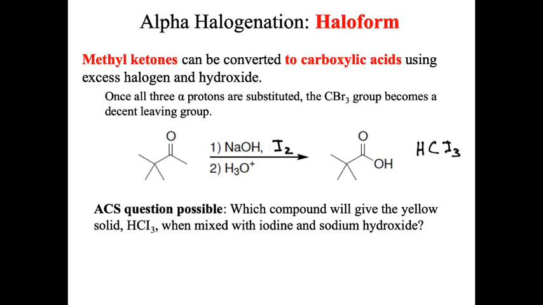For this reaction to work, I had to have that carbon with 3 halogens connected to it. How did I get the halogens on there? What did they replace? Hydrogens, which means I had to have a methyl next to a ketone to allow that to happen. So if we looked at the structures, usually you see something like that.